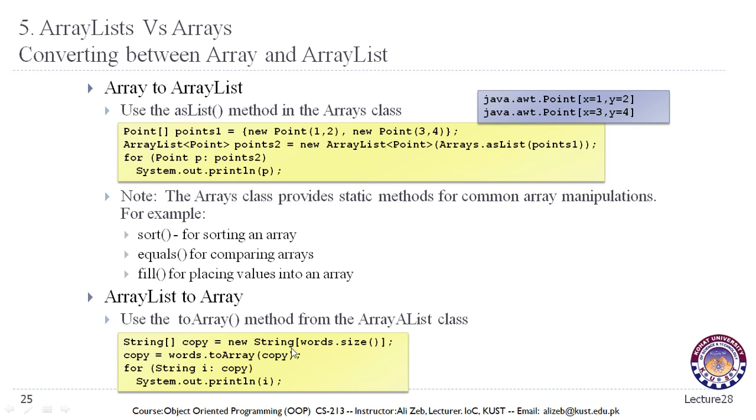We declare a new array that is equal to the size of our array list words, and then we can copy the elements of the array list into our array copy. And if we go through the elements of the array copy now, we can see that all of the elements of the array list have been copied to our array.